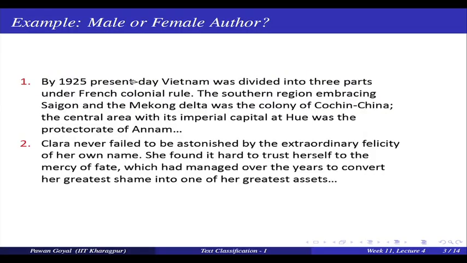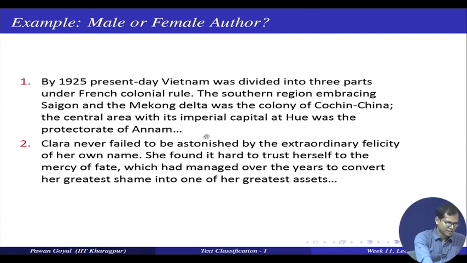So when you see these two pieces of text, you will say the first one is talking about a lot of different facts, like year information and place information, and the second text is about certain opinions and subjective information. And then this might be used to say which one is the male author and which one is the female author. But in general, when you are given a lot of data about writings from male and female authors, you can try to learn a model that can classify a piece of text: is it from a male author or a female author?